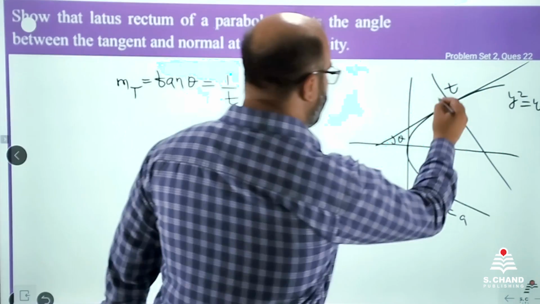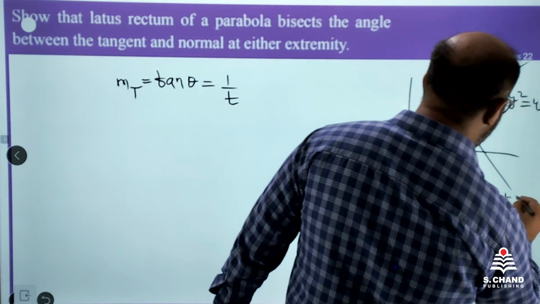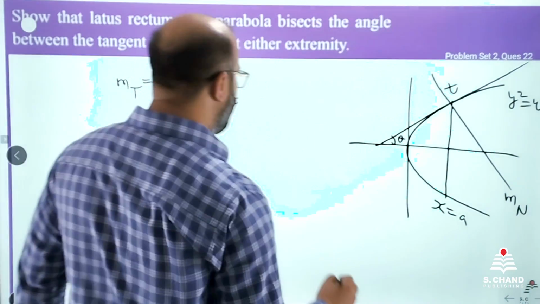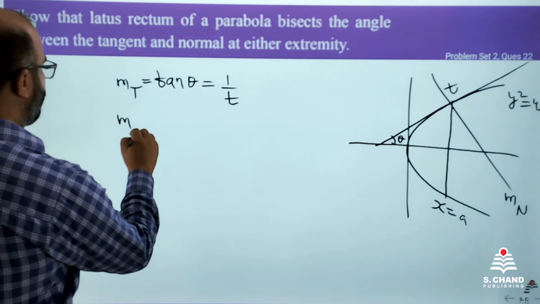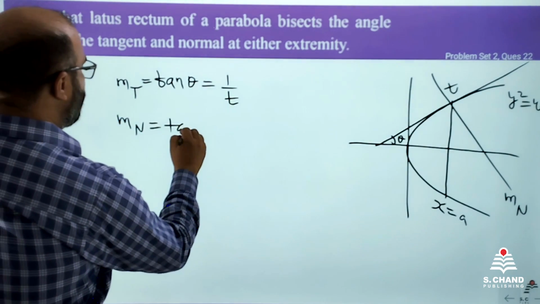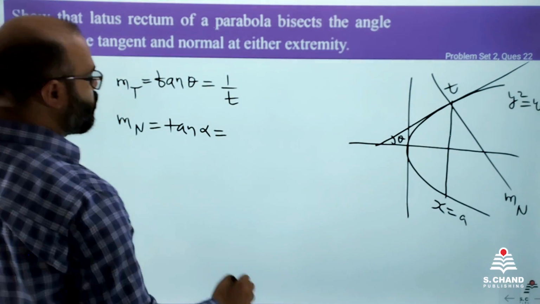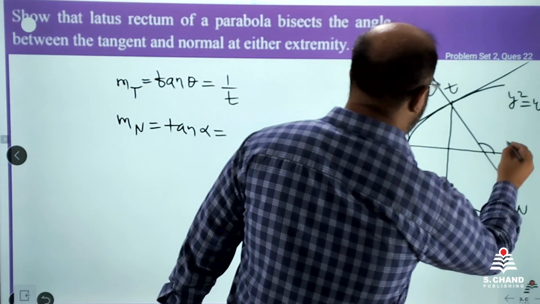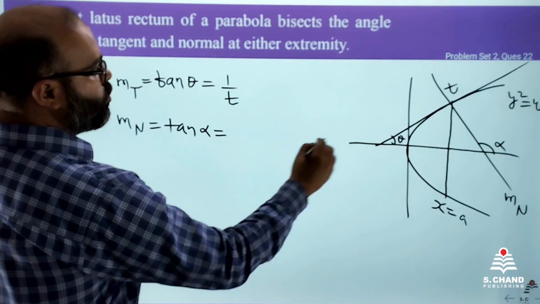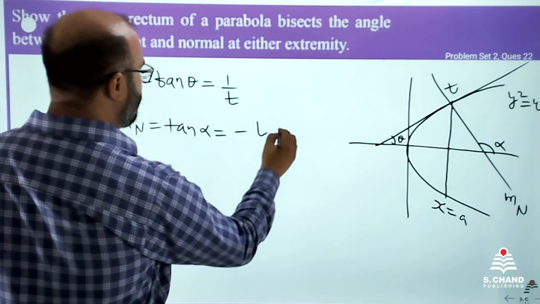And if we talk about the slope of the normal, this one, then this will be equal to tan alpha. And alpha is this angle, and tan alpha will be equal to minus t.